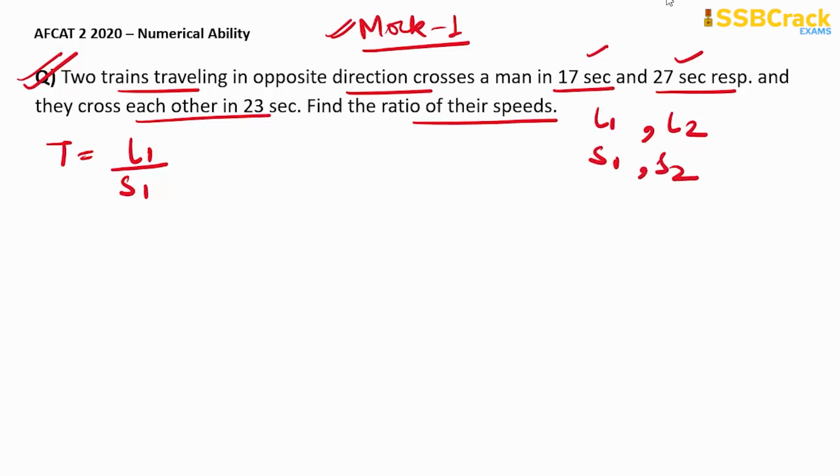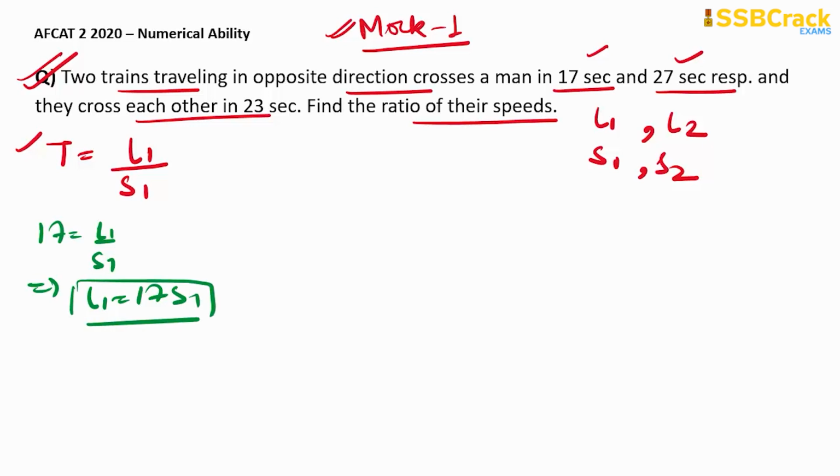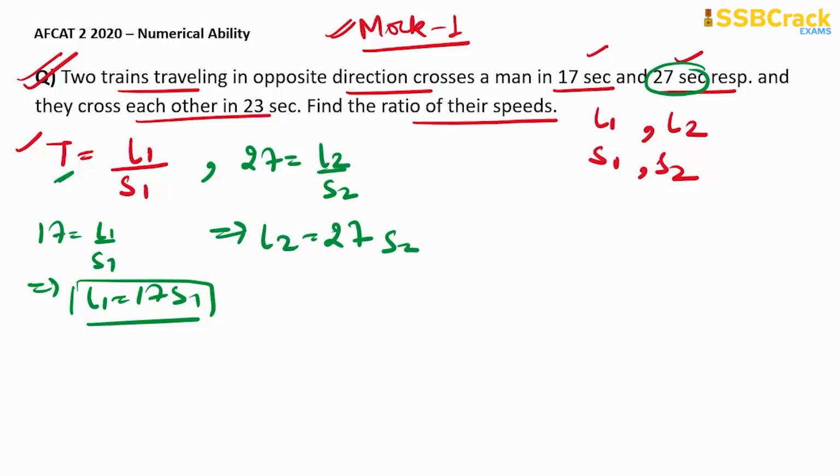By putting the values of time in this formula, we get 17 is equal to L1 by S1. This implies L1 is equal to 17 S1. Similarly, for the second train, the formula will be L2 by S2, and the time given is 27 seconds. So 27 is equal to L2 by S2. This implies L2 is equal to 27 S2.